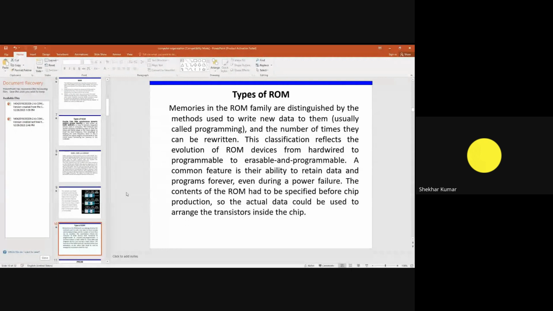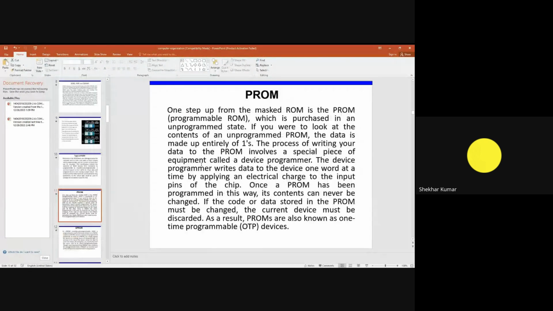Next comes your PROM. That is also called your programmable ROM. It is a digital read-only memory which allows writing the information or program only one time.